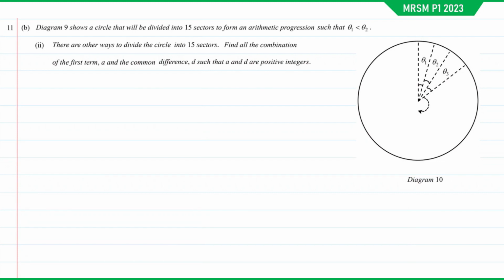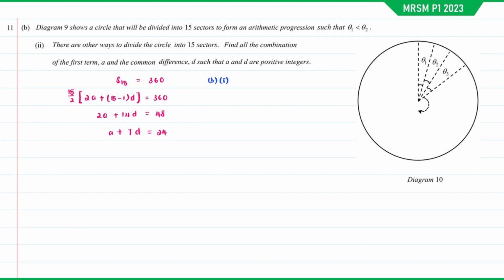Question B2. There are other ways to divide the circle into 15 sectors. Find all the combinations of the first term a and the common difference d such that a and d are positive integers. As in question B1, the total of the 15 sectors is equal to 360 degrees, so after we simplify the equation, it will be a plus 7d equal to 24.